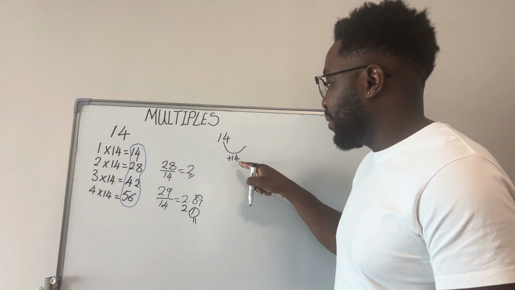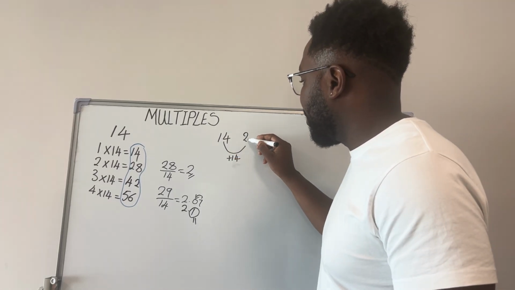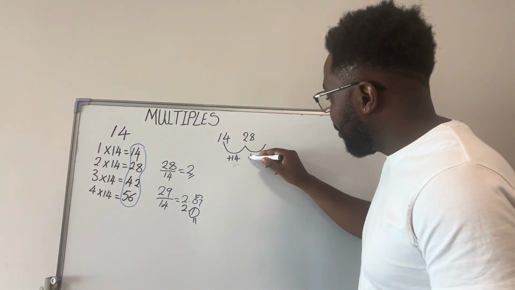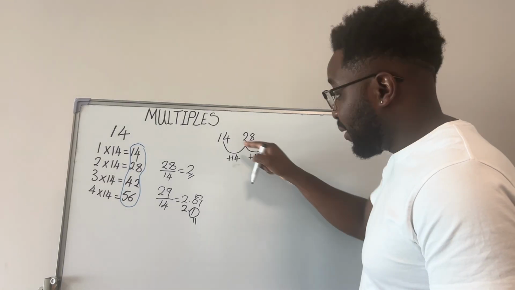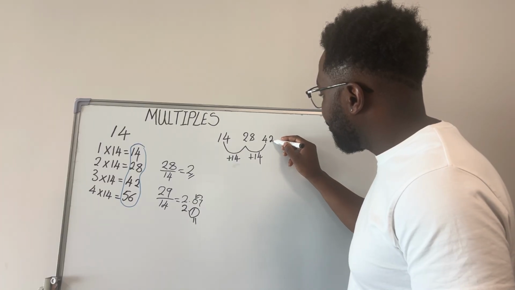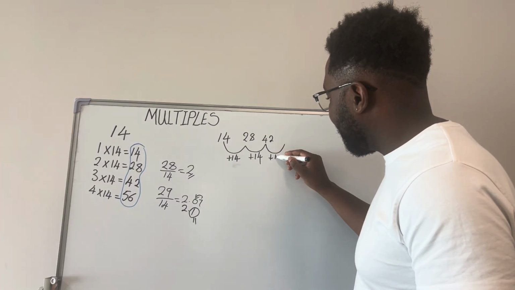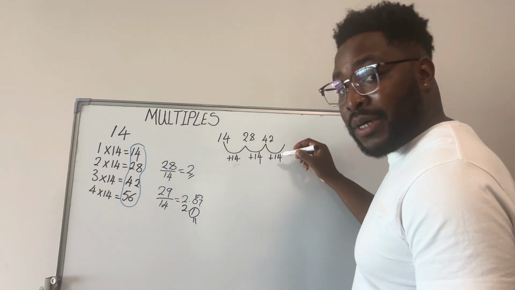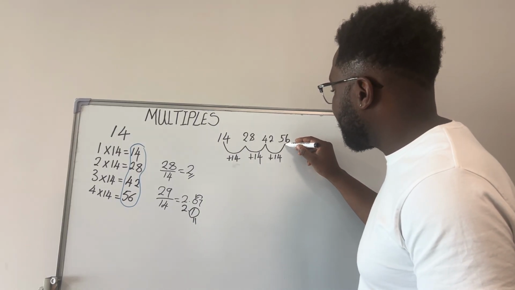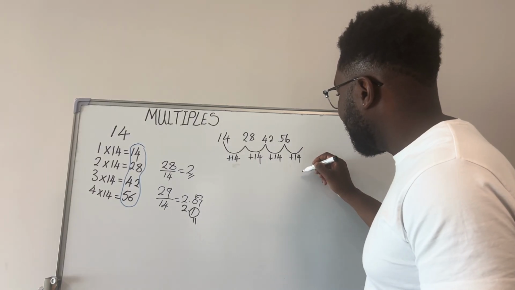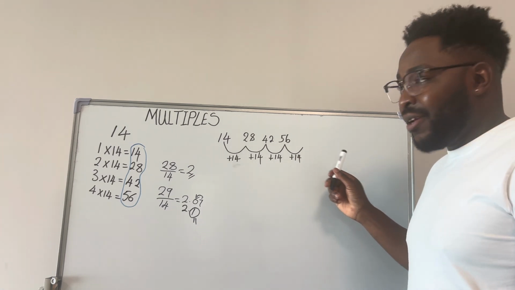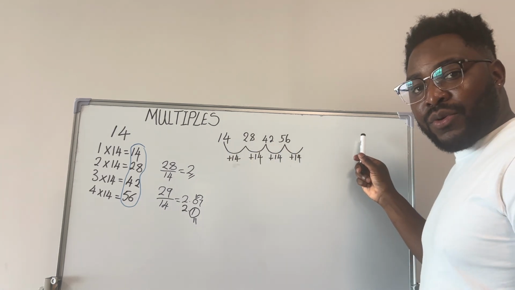We add our 14, so 14 plus 14 gives us 28. Add the same number again, which is our 14, so 28 plus 14 gives us 42. We add 14 again, 42 plus 14 gives us 56. Add another 14. So you see, when you keep adding and adding, you continue finding multiples of 14.